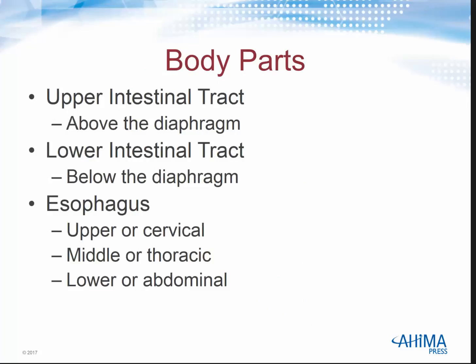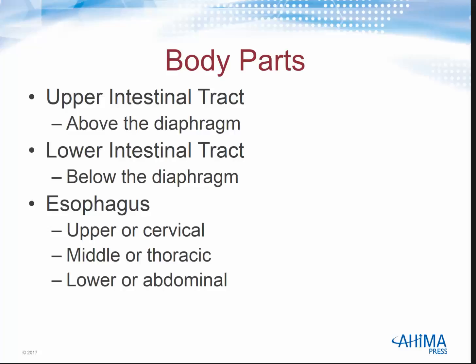Then she goes on to talk about body parts. Again, these are anatomical information. There is guideline B4.8. In the gastrointestinal body system, the general body part values, upper intestinal tract and lower intestinal tract, are provided as an option for the root operations of change, inspection, removal, and revision.